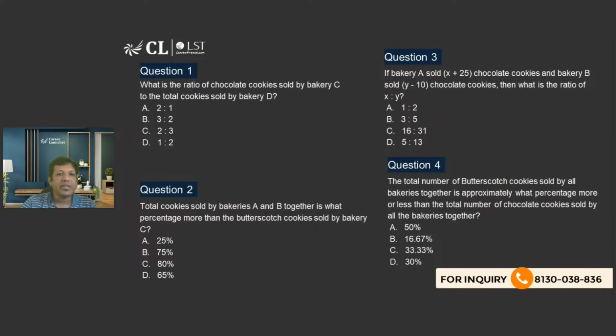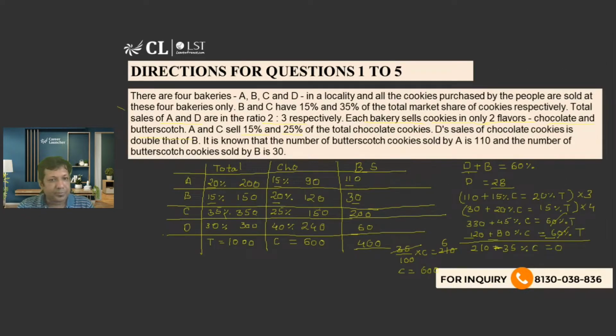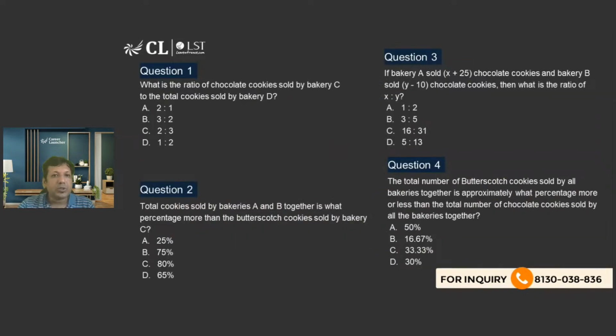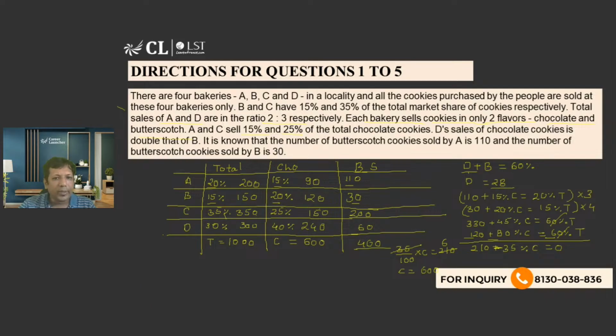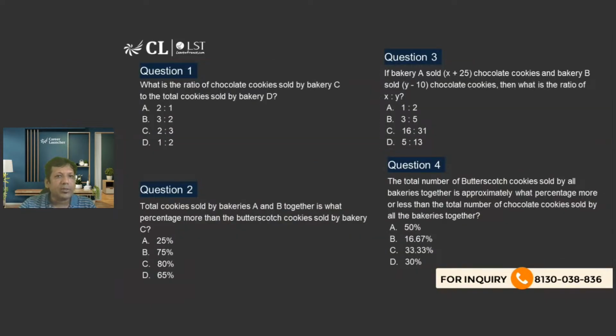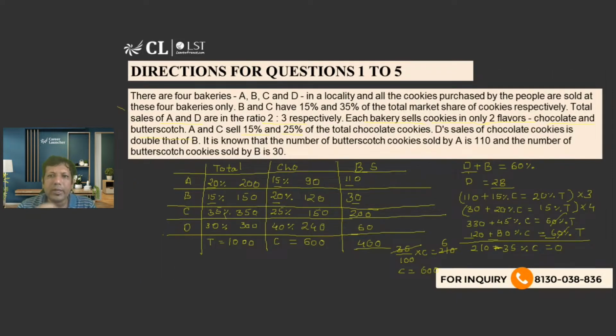What is the ratio of chocolate cookies sold by C to chocolate cookies sold by D? C is 25%, D is 40%. I'm talking about chocolate.